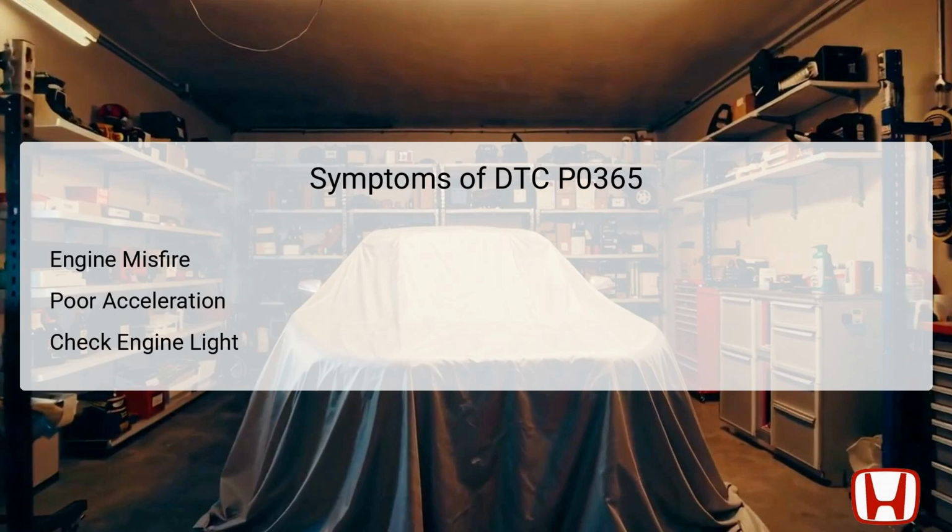This happens as the engine struggles to respond to throttle input efficiently. Additionally, the check engine light will typically illuminate, providing a visible warning to the driver that a problem exists within the engine management system. Identifying these symptoms early can be pivotal in taking corrective actions before more severe engine problems develop, potentially leading to costly repairs.